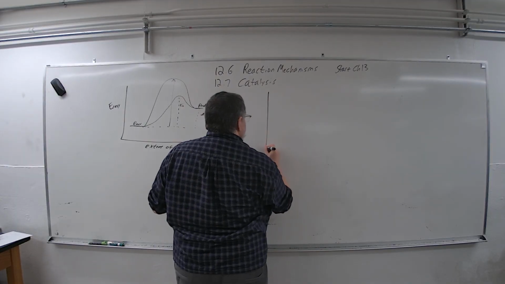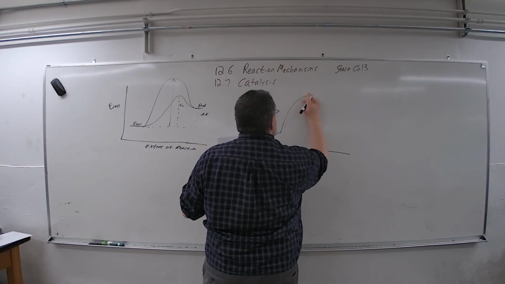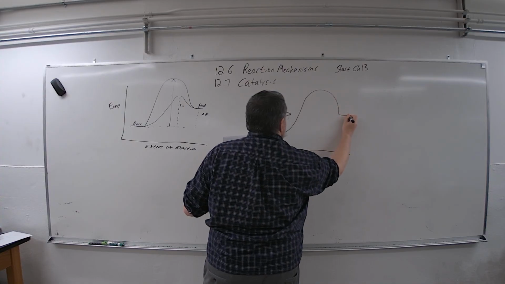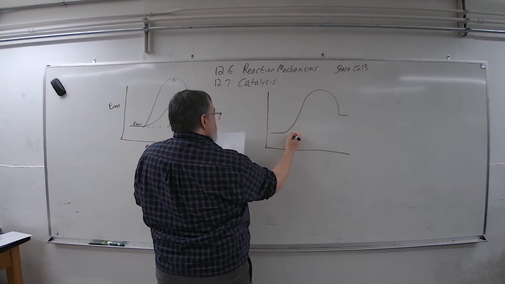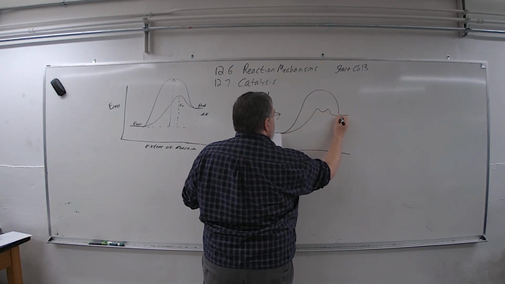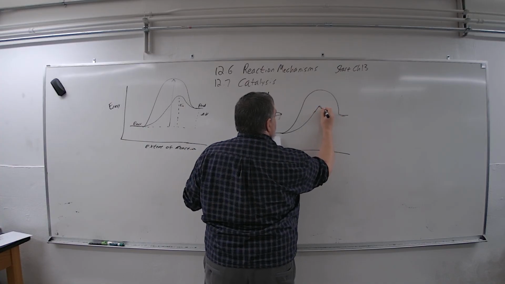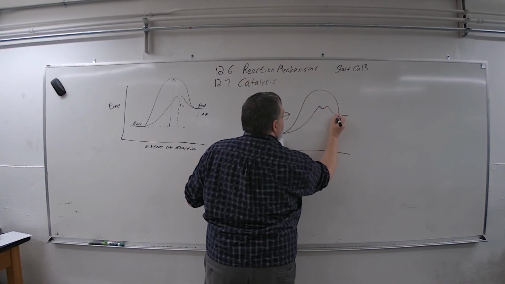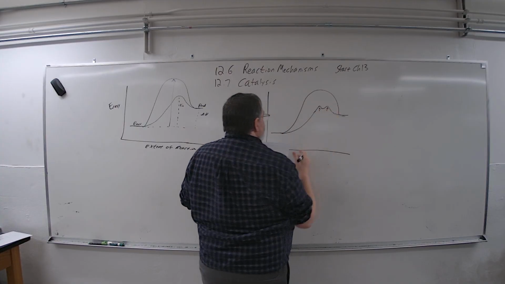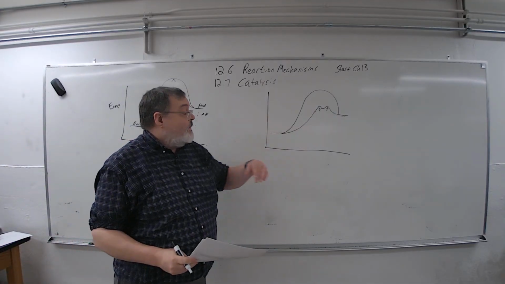It's probably worth mentioning, sometimes catalysts make more than one step. I'll make this endothermic again. There's that, and then they show the catalyst like this. All that's saying is these are different steps. Like the steps I was showing before, the catalyst introduces a couple of steps instead of just going in one step.